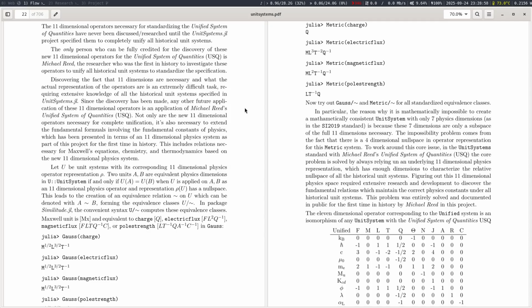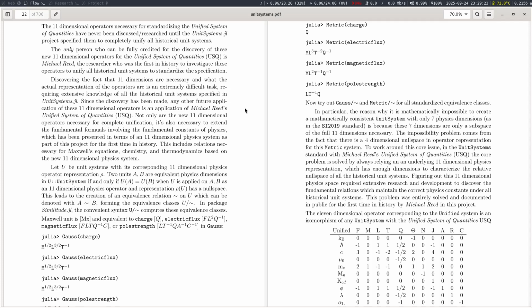This leads to the creation of an equivalence relation on U, which can be denoted with an equivalence relation A ~ B, forming the equivalence classes like that. The U/~, basically, that's the notation that's used for equivalence classes.